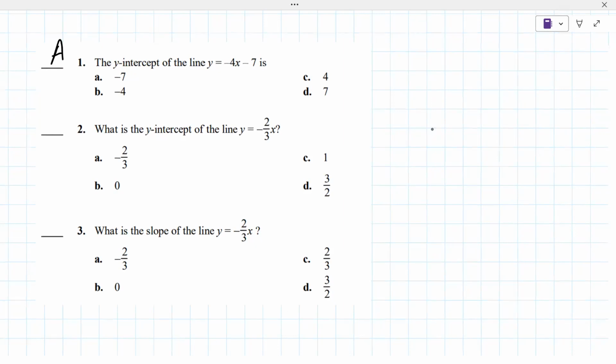Okay. 0 for 2. And slope is x, right? Slope is the number in front of x, yeah. So negative 2/3. Good.